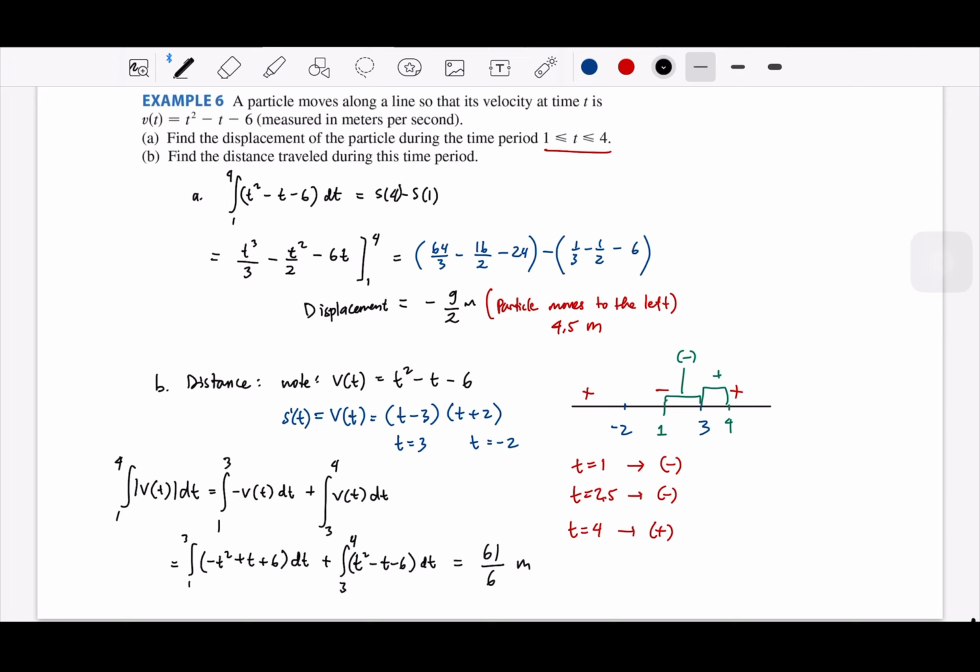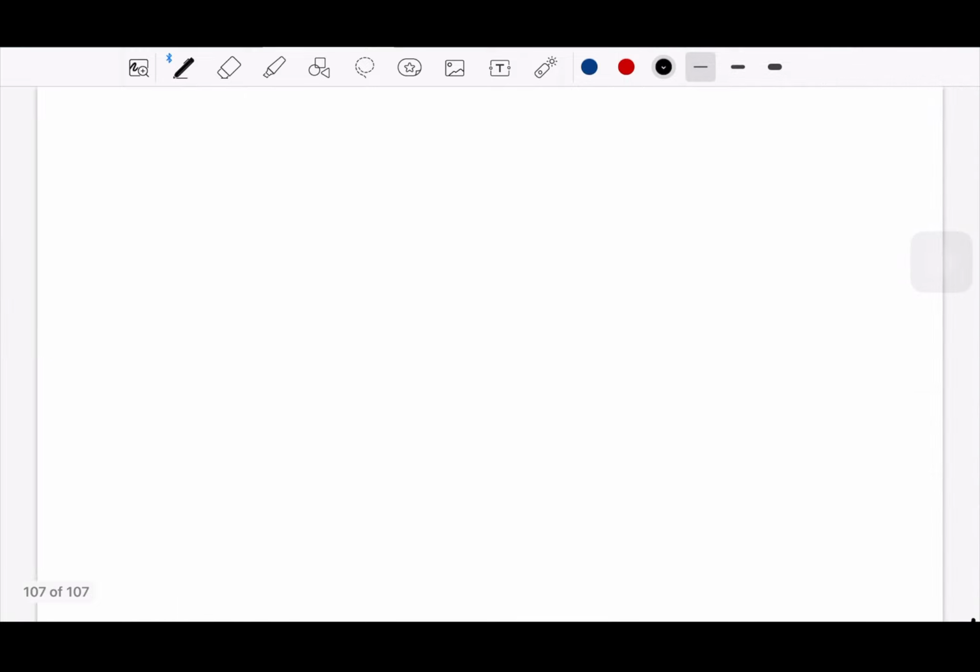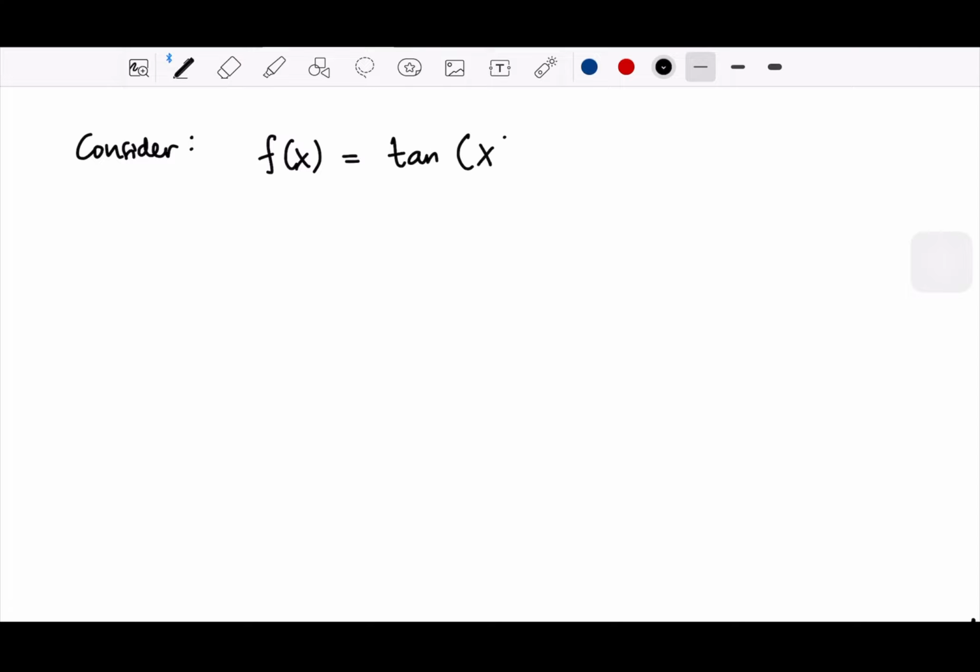Okay, now let's move on to the next section, which is the substitution method. Before I go into the descriptions of what substitution means, let's consider a function, tangent of x to the power of 4.